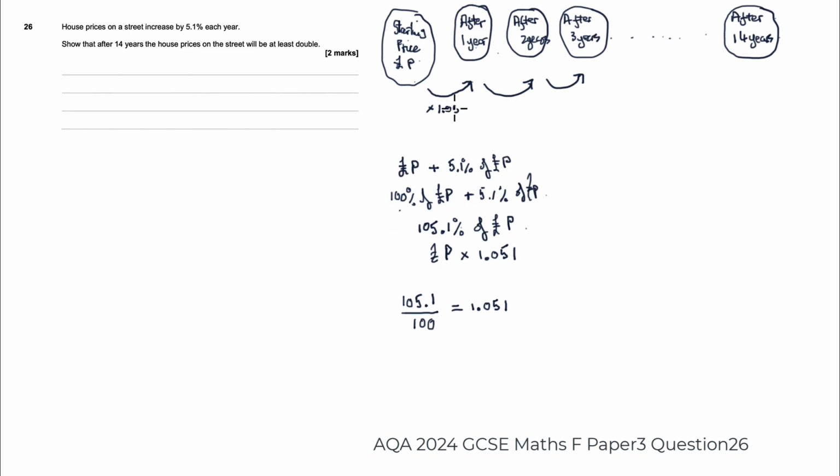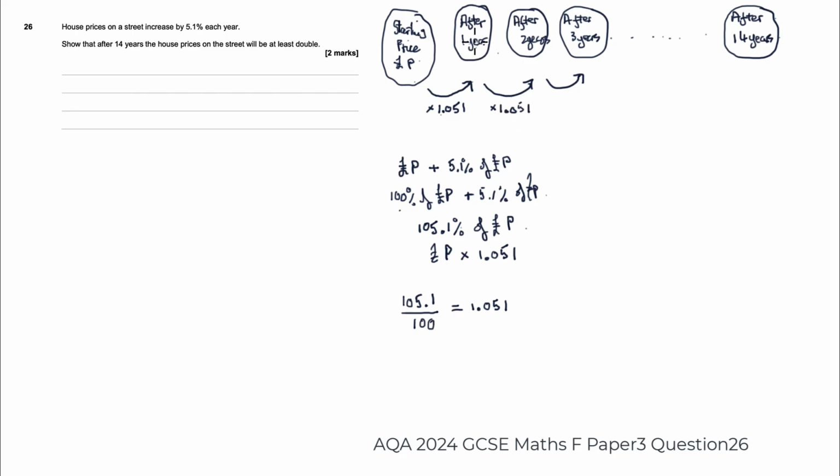The multiplication factor is 1.051. Now that we've worked all that out, we do precisely the same to go from this price after 1 year to the price after 2 years. It's another 5.1% of this price to find the third price along the row here. So we'd multiply by 1.051 again.